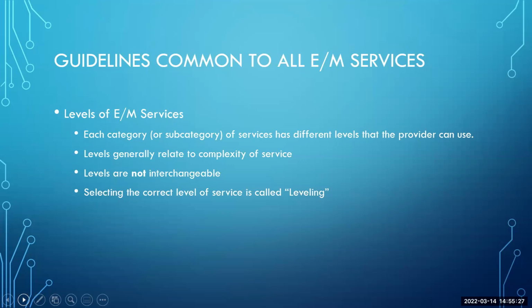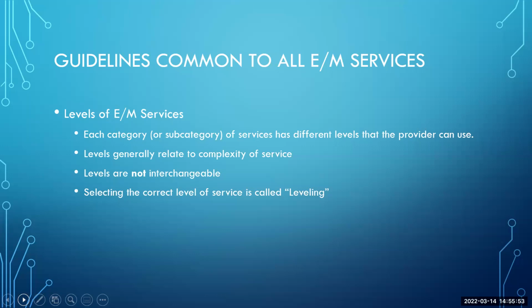But before we get into that, I do want to explain what leveling is. You'll hear that a lot, not just in my videos but in any other videos or resources about E&M. Leveling is when we determine the code that is used from a specific section.